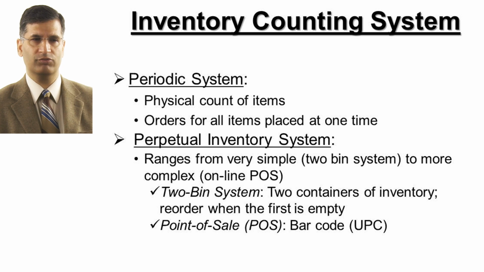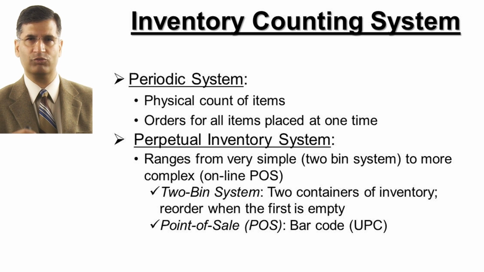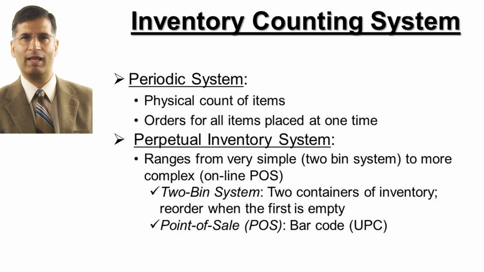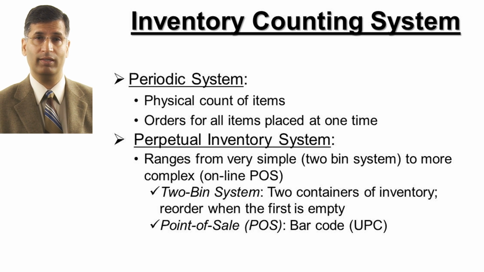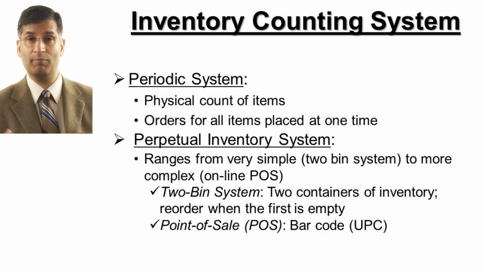The second system is the point of sale system, where as an item is sold, the inventory record is updated and order can be placed at any moment. For example, in Walmart, they attempt to place order for an item every day, every moment.